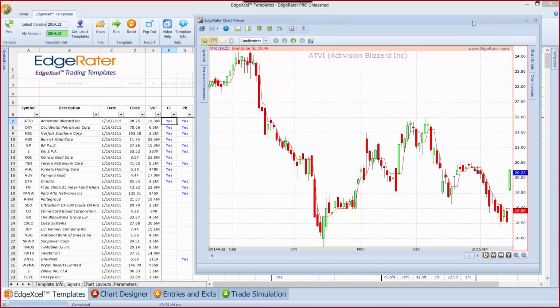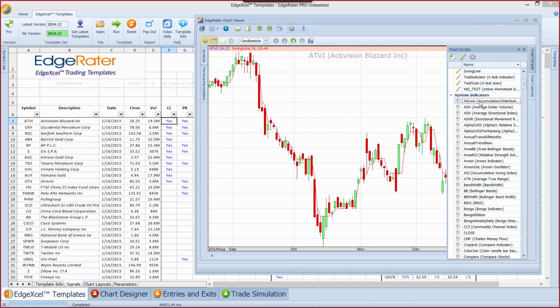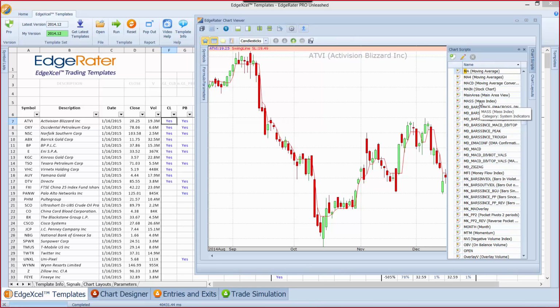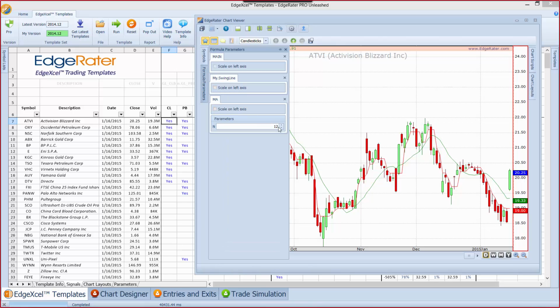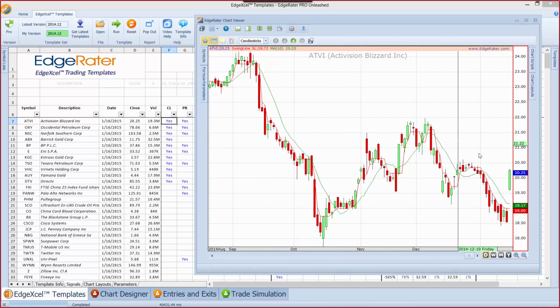So we can add a 10 period moving average to the chart by looking at our chart scripts, going down to our moving average, dragging that over to the chart, and then the moving average is the green line. We need to set that to a 10 period, so we open up formula parameters and take that down to a 10 period. And so now this Activision does actually qualify because it is a clearing bar that is also above the 10 period moving average.